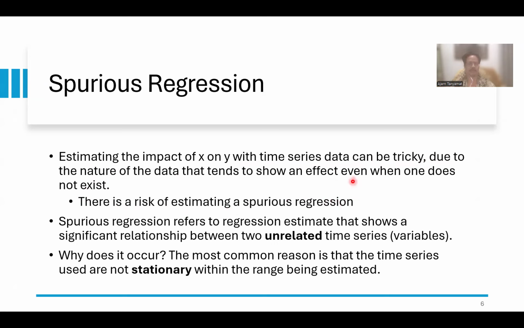Spurious regression refers to a regression estimate that shows a significant relationship between two unrelated time series. Right? Of course, we're looking at time series data that all the variables are time series. So even though they're not related, it shows that there is a relationship, and that could cause us to misinterpret the situation.